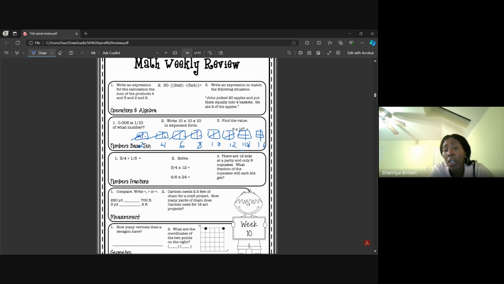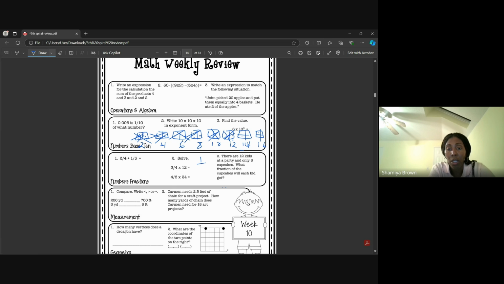So I'm going to have to break it apart. Hold on, this is tricky, y'all. 1, 2, 3, 4, 5, 6, 7, 8, 9, 10, 11, 12. So 12 is gone. These 4 cupcakes are gone. So they can all get at least a half so far.